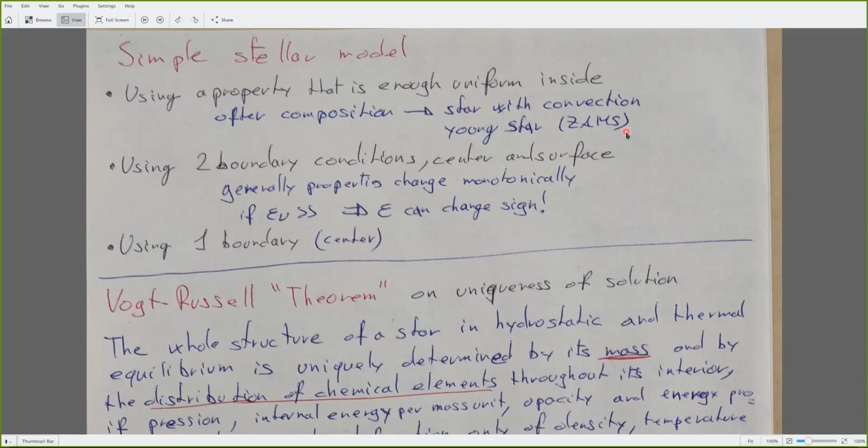But anyway, when the nuclear energy rate becomes the main energy production, in that position the composition is almost the original, so quite uniform.